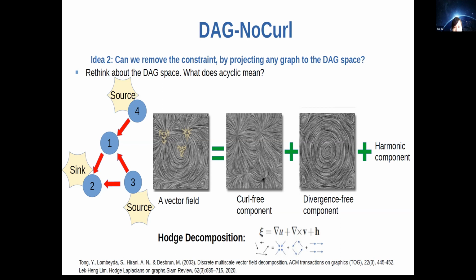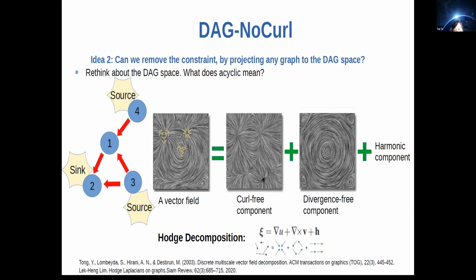If you zoom in and look visually at what curl-free and divergence-free mean: curl-free means information is flowing from the source to the sink, and there is no cycle. The divergence-free part, you can see, is full of cycles, full of vortices. So this visualization inspired us: what is a DAG? A DAG means there are no cycles, right?